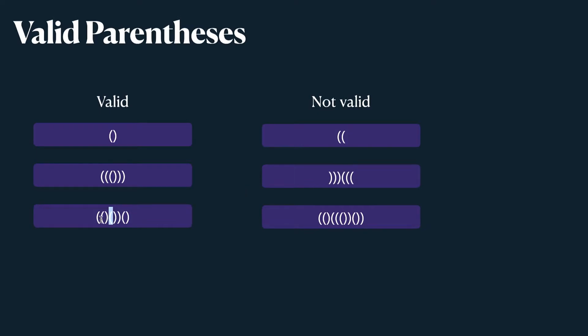Also a valid example, which is basically a combination of what we saw before: a couple of valid brackets inside of bigger brackets and just a separate small pair on the right. And a not valid example, and this one is interesting because it's very hard to see where it's wrong and on which step we can consider it wrong.